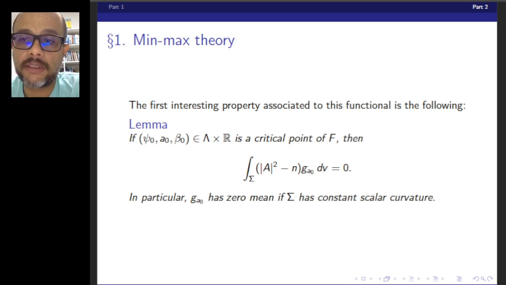Observe that if the scalar curvature is constant, then by the Gauss equation, the norm square of A is constant too.